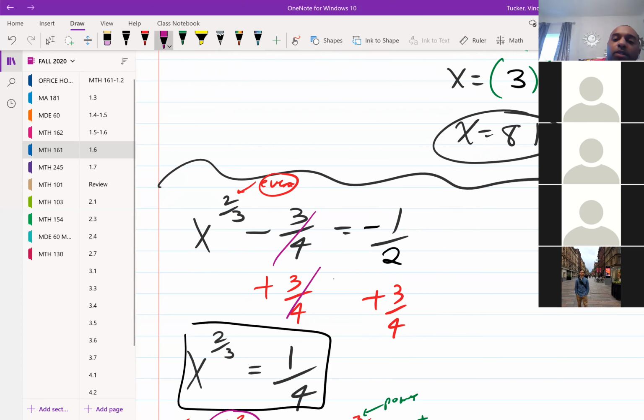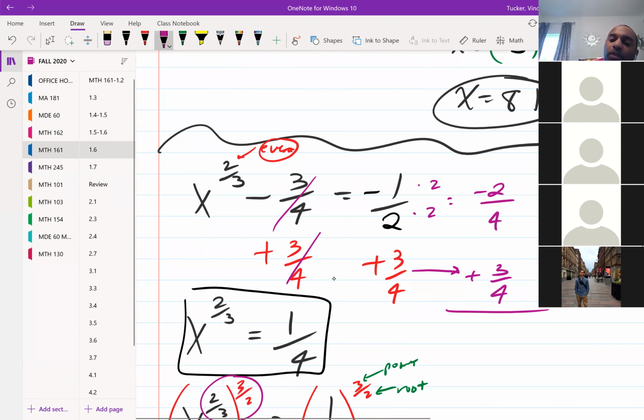The only way you can do it is if you have a common denominator, so don't forget that. So we multiply top and bottom by 2 in order to get a fraction with the denominator of 4. Go ahead and add the 3/4. So that'll be 1/4, and that's where the 1/4 came from.